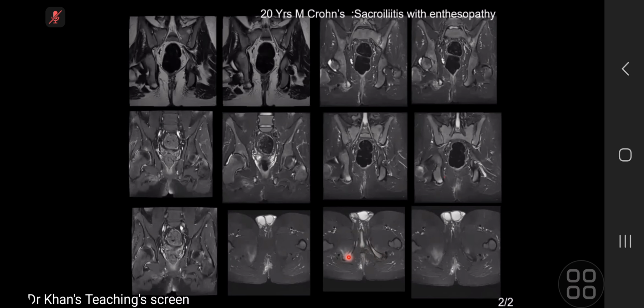So there is a bone edema seen in the right ischium on these 3 images. There's also irregularity of the cortex of the ischium on the right side. And I'm just wondering, with the context of enthesopathy associated with sacroiliitis in this patient, is there any avulsion fracture? No. Okay, I'll take over.